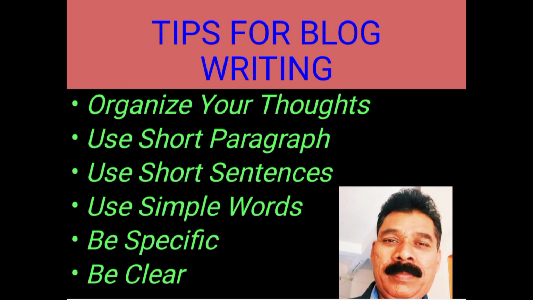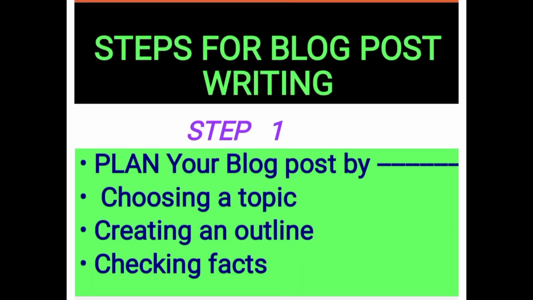And now after this, let us learn the blog steps one by one. Here are the steps for blog post writing. Let us see the first step. The first step is planning your blog post.